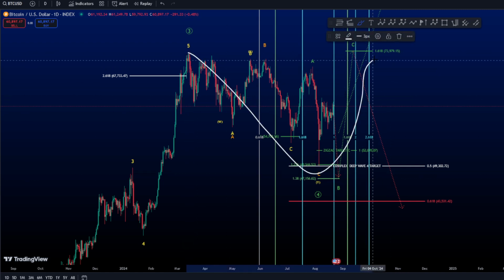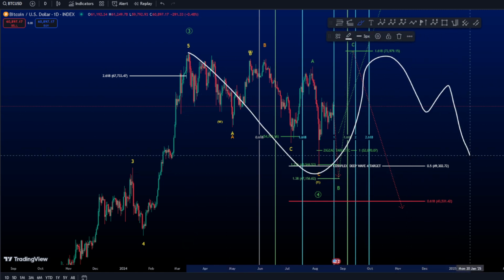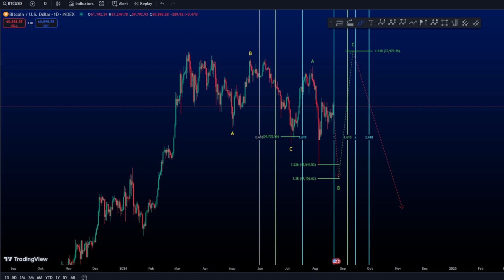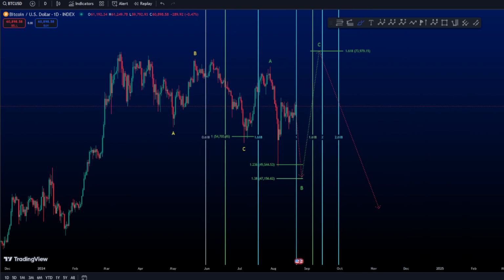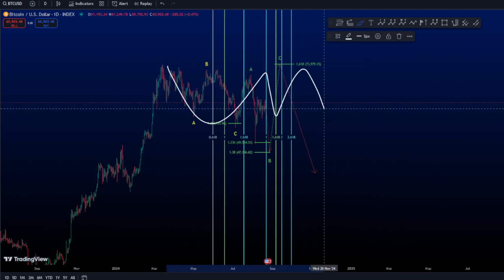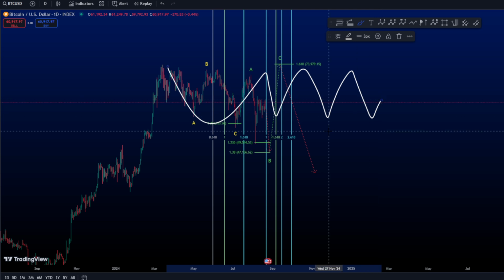Now, it could even go down for another ABC. That doesn't mean, of course, that the wave 4 is not done yet, and the 100K scenario is still valid. Okay, so therefore what I mean is that we might range even more in this area.